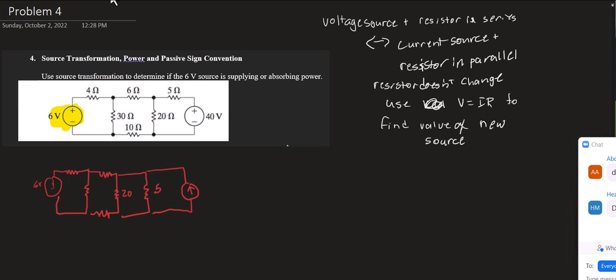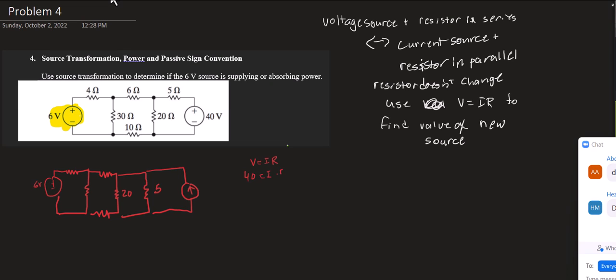Okay, so I changed the voltage source to a current source. The arrow is pointing in the direction of the positive terminal, so that's how you know what direction to point the arrow. And we'll use V equals IR to determine the value of the current source. The voltage was 40.